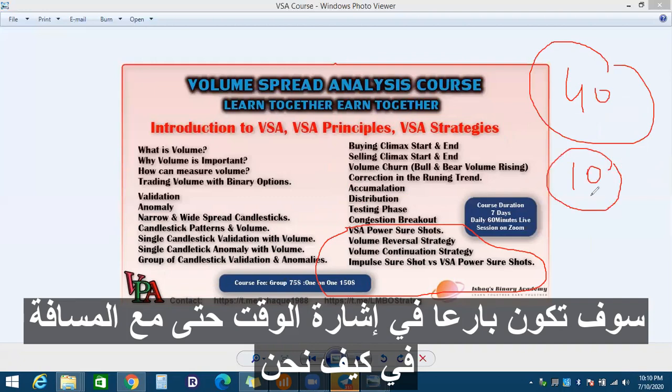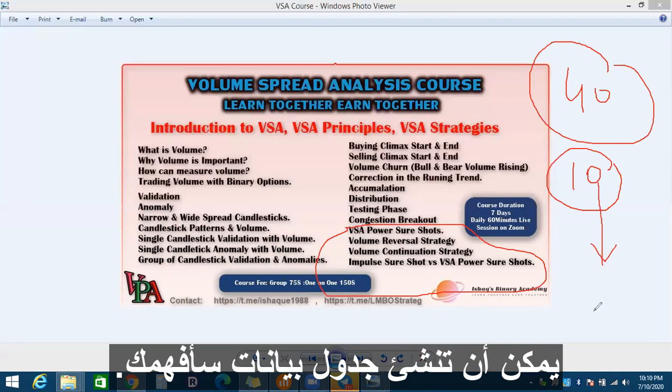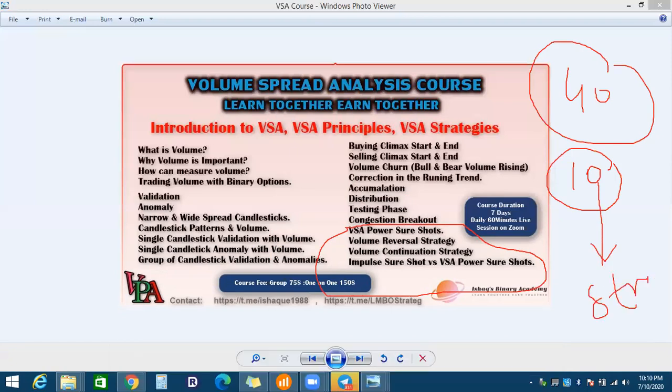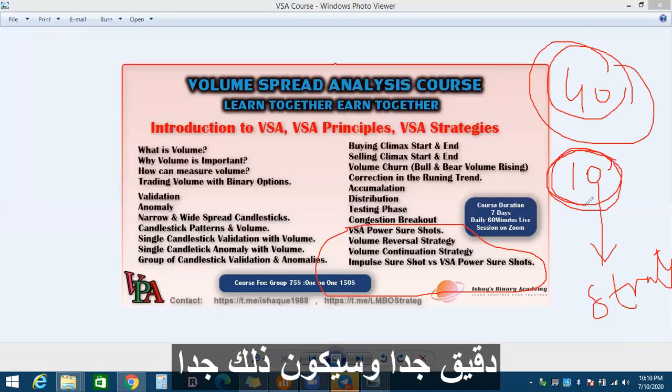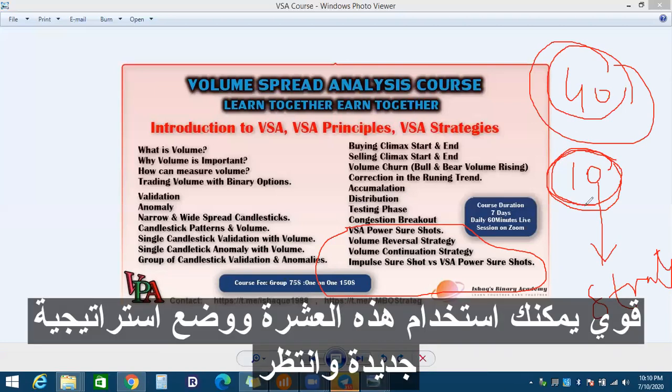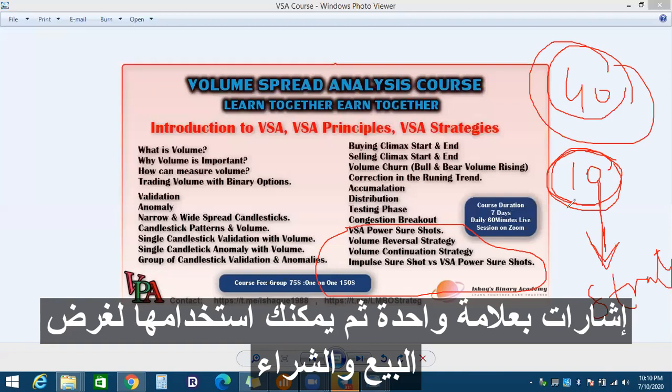With these 10 signals, I will explain how we can create a strategy. Maybe we cannot use all 40 signals. You will be master in the 10 signals, which will be very accurate and very powerful. You can use these 10 to make any strategy and wait for these signals. When the signal appears, you can use it for buy and sell purposes.